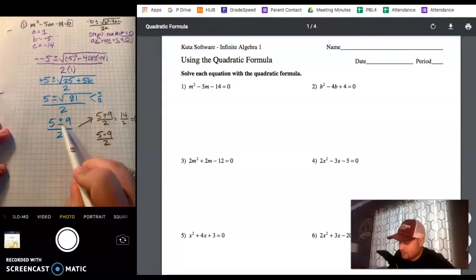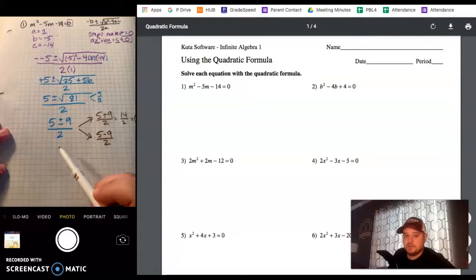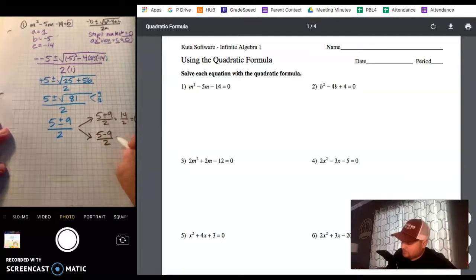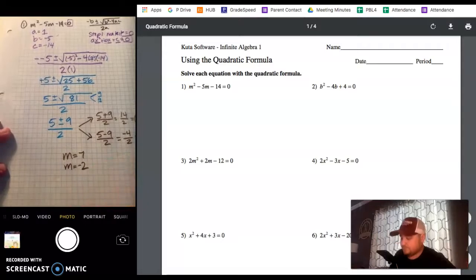So the plus or minus splits it into 2 answers. 5 minus 9 is negative 4 over 2. Negative 4 divided by 2 is negative 2. So here are my 2 answers. M is equal to 7, and M is equal to negative 2.